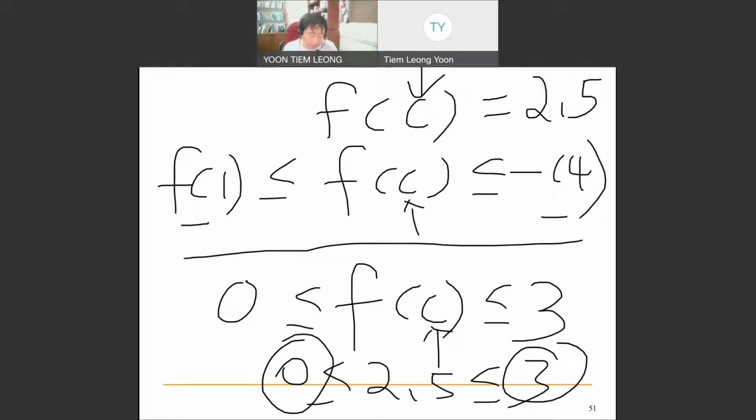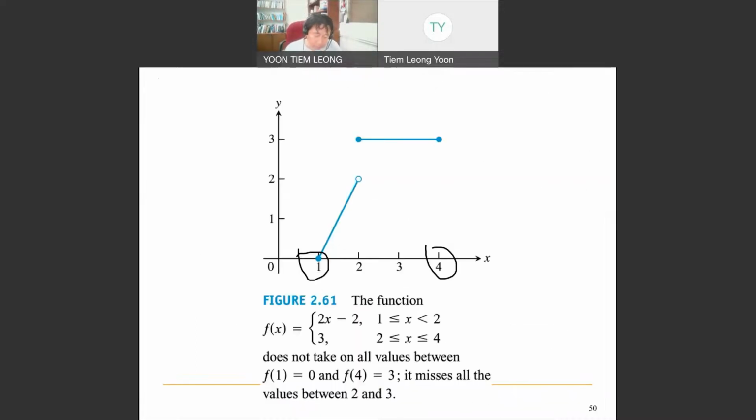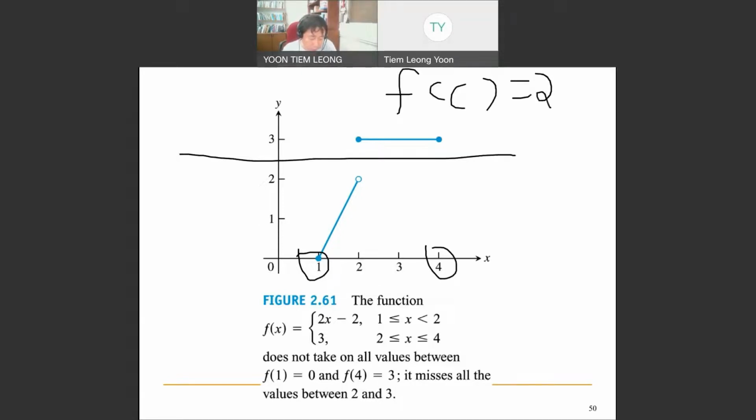So can you now find a value of c such that the function at c is equal to 2.5 for this function? Is there any value where f(c) is equal to 2.5? The answer is, if you look at the definition of the function, no, you can't.